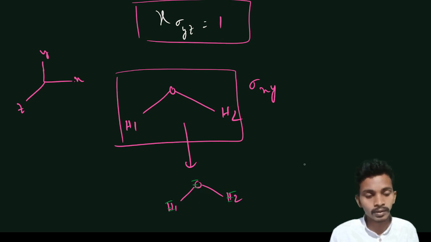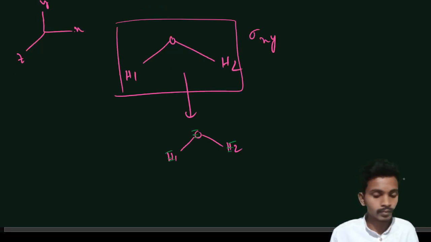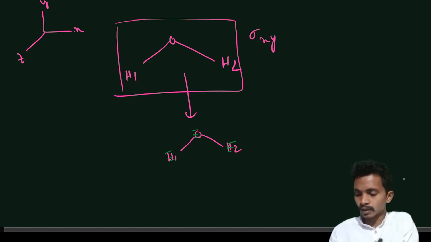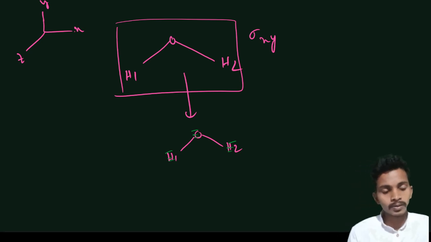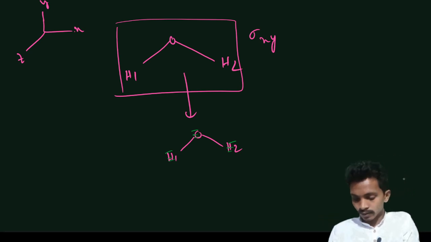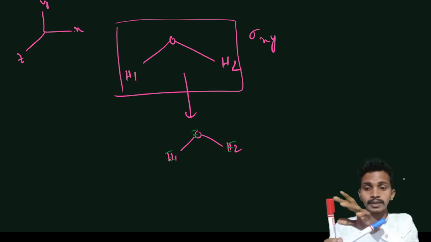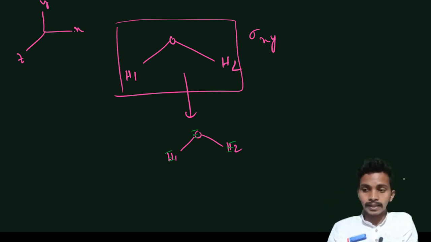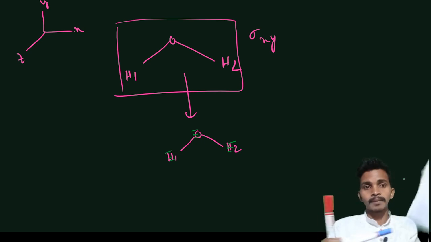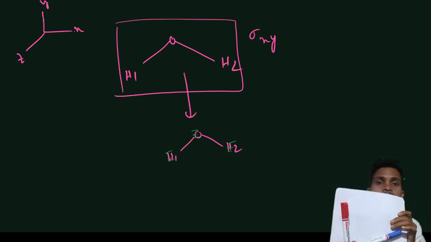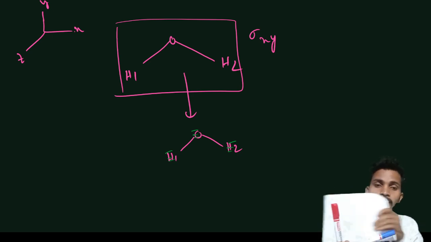Okay, so if these are the atoms now, the atoms will not change, but the axis will change. So see, this is the z axis, this is the y axis, this is the x axis. Now the plane is in this direction, containing y and x axis.